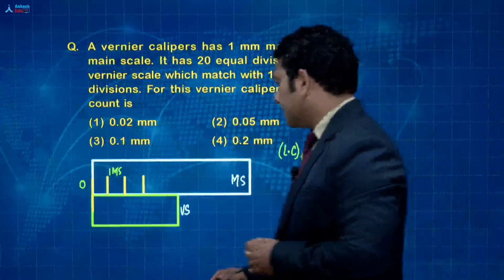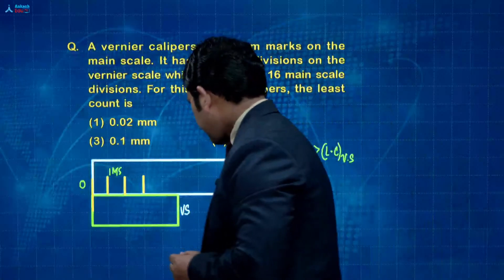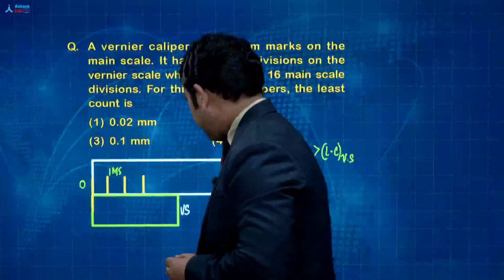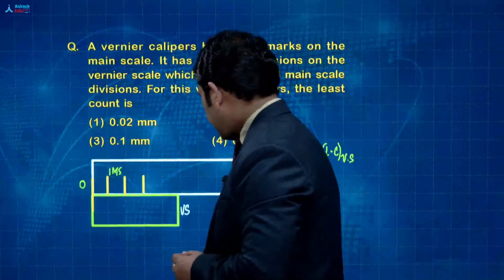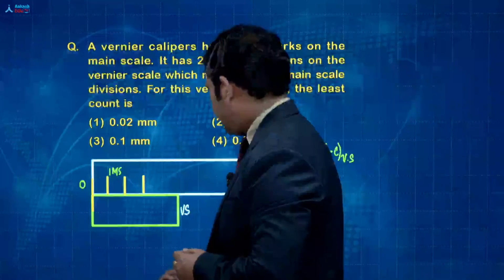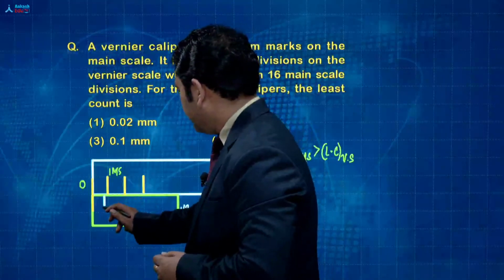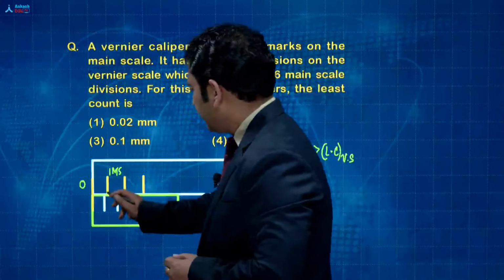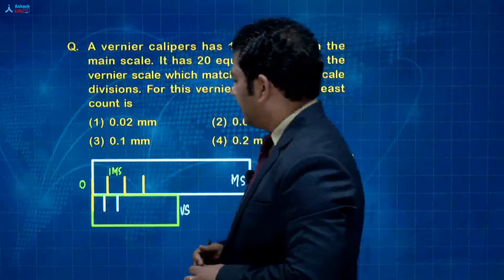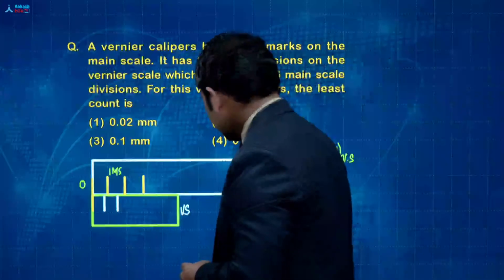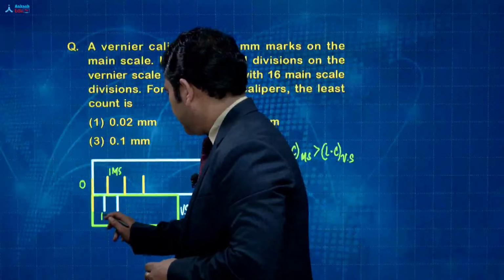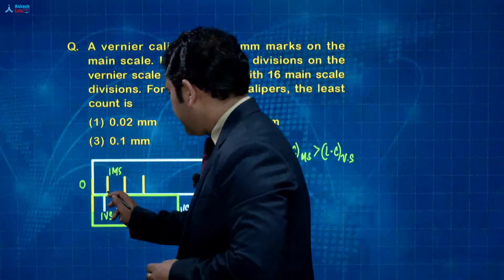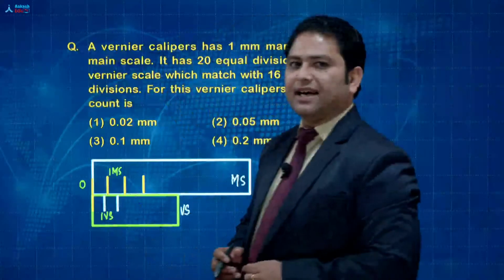And when it comes to the vernier, okay, let's change the color. Let's go with the white one. Okay, तो ये है vernier scale. आप बहुत ध्यान से देखना. Right here, you just focus that the first vernier scale, okay, is slightly behind the main scale.